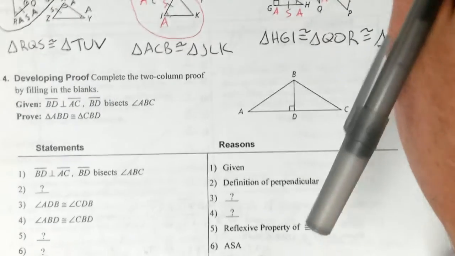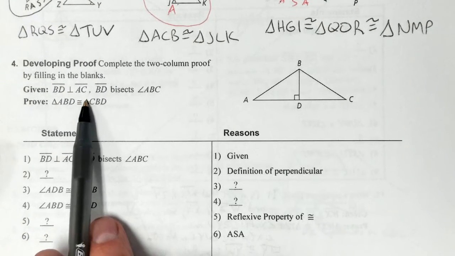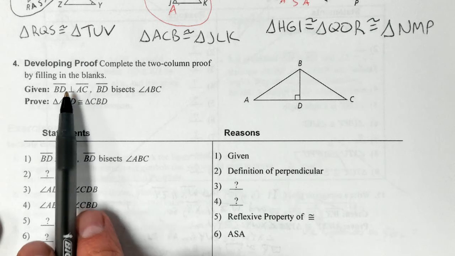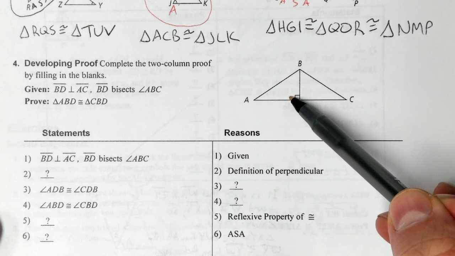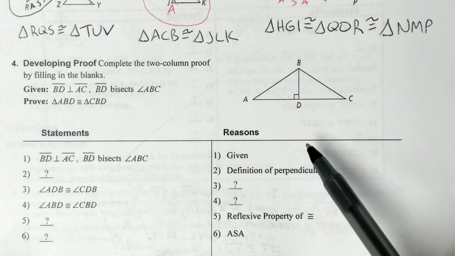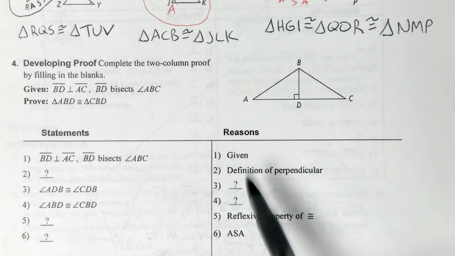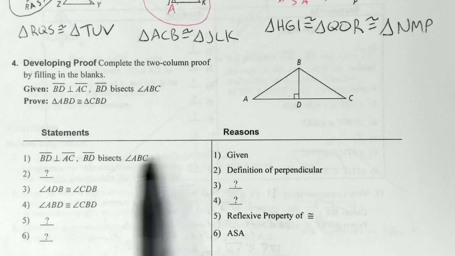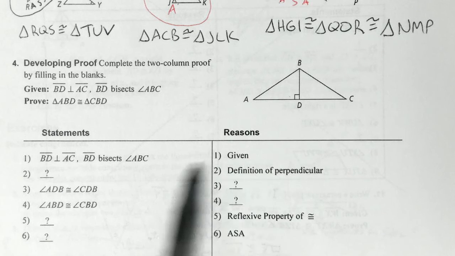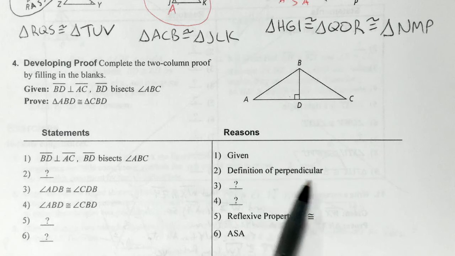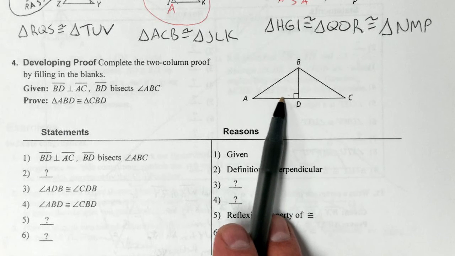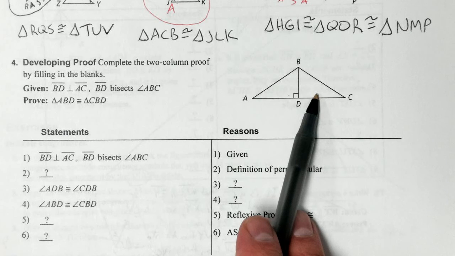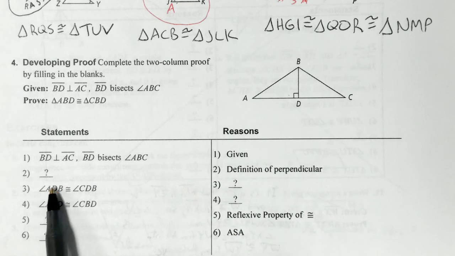Okay, so then this one, we've got BD perpendicular to AC, so that's why there's a right angle. So what that means is you got your given statement. It's using definition of perpendicular, so that would be that this angle and this angle are right angles that are listed.